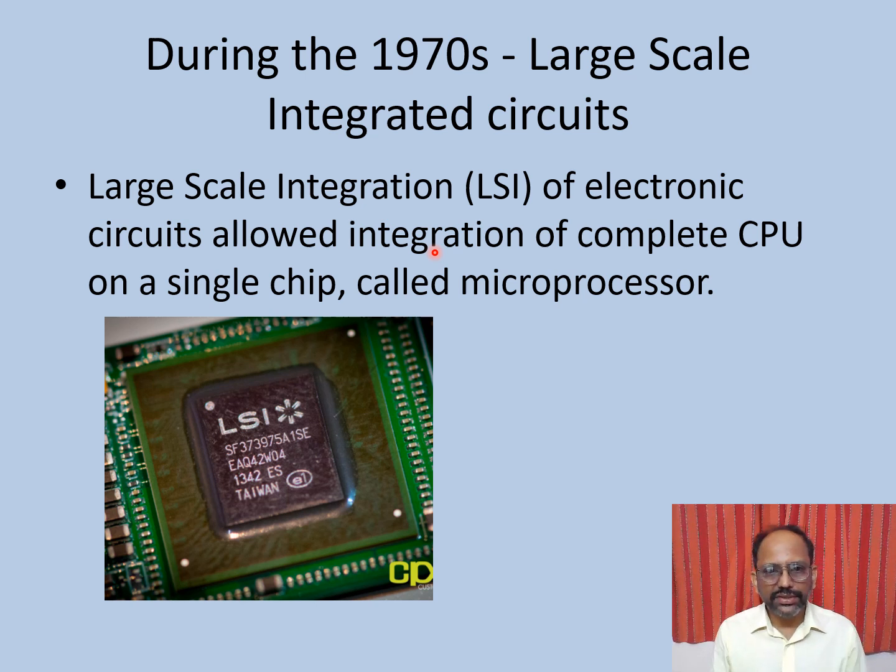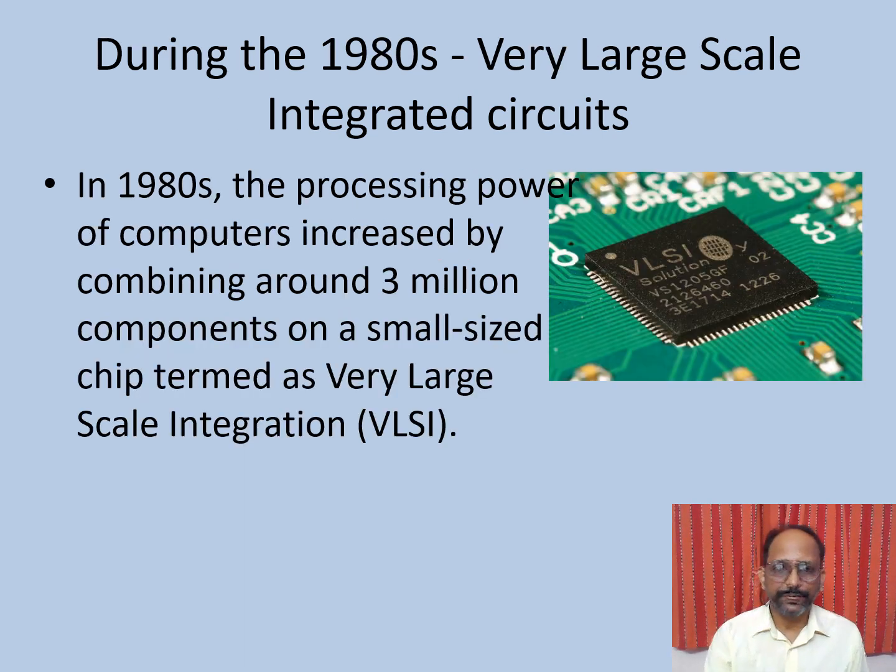Large scale integration of electronic circuits allowed integration of the complete CPU on a single chip called a microprocessor. Remember, the microprocessor was introduced during the 1970s with the use of large scale integrated circuits. LSI is the short form of large scale integrated circuits.